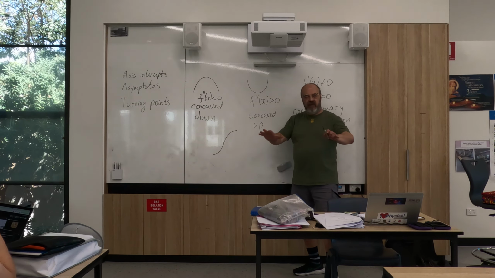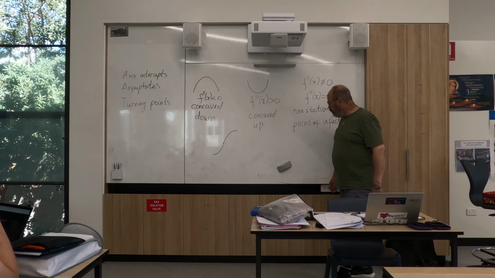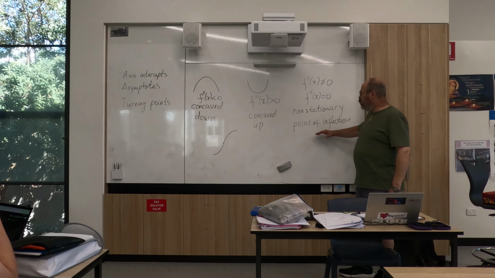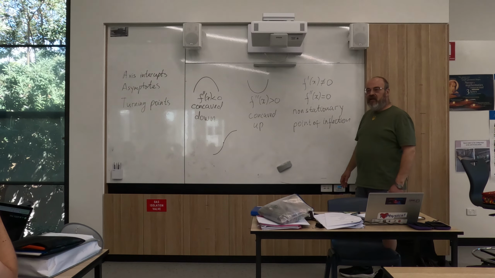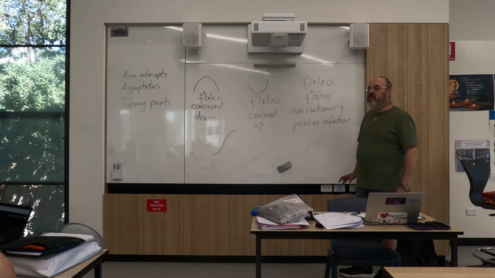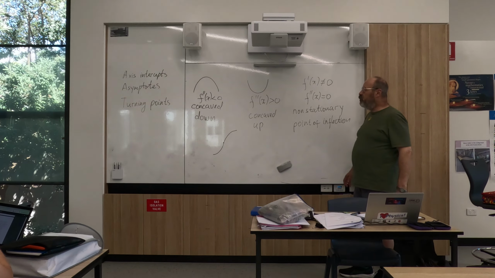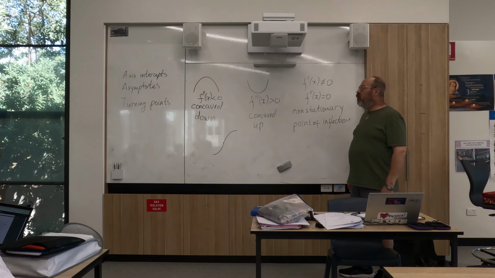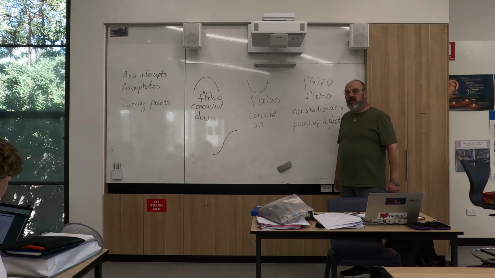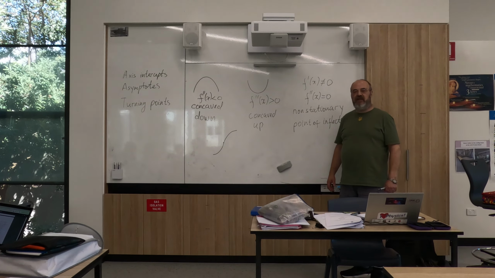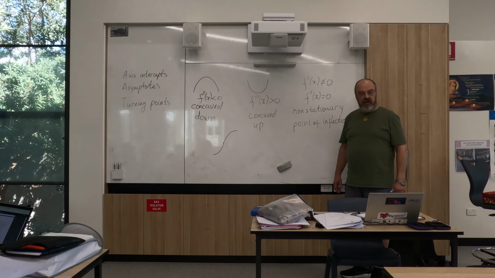In our graphs this year, we will not be required to find non-stationary points of inflection. Next year it will be, just to prepare you for next year. So this year you need to find the stationary points and their nature.